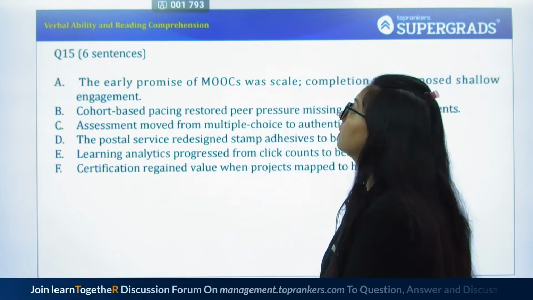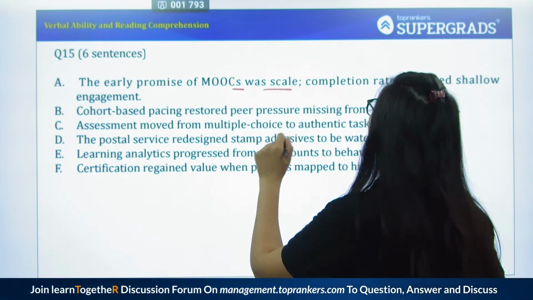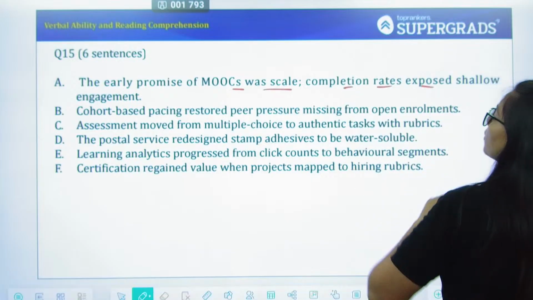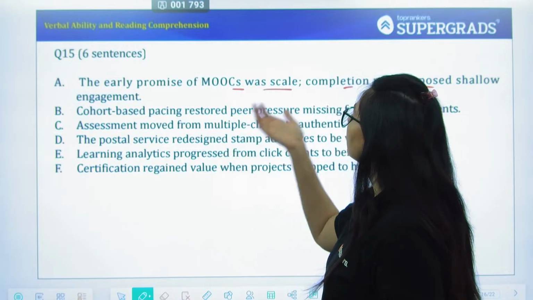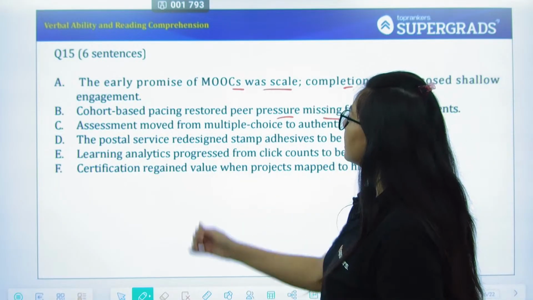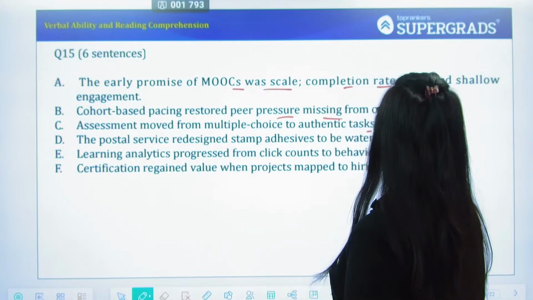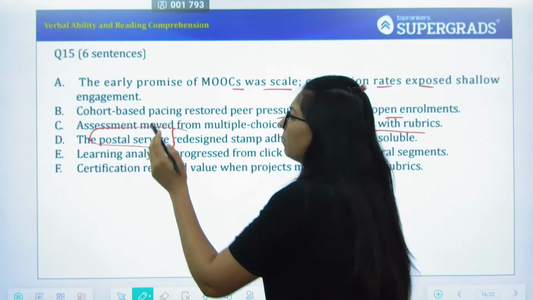The early promise of MOOCs was scale. Completion rates exposed shallow engagement. Okay. Cohort-based pacing restored peer pressure missing from open enrollments. Assessment moved from multiple choice to authentic tasks with rubrics. The postal service redesigned stamp adhesives to be water soluble. Okay, now what about the postal service?